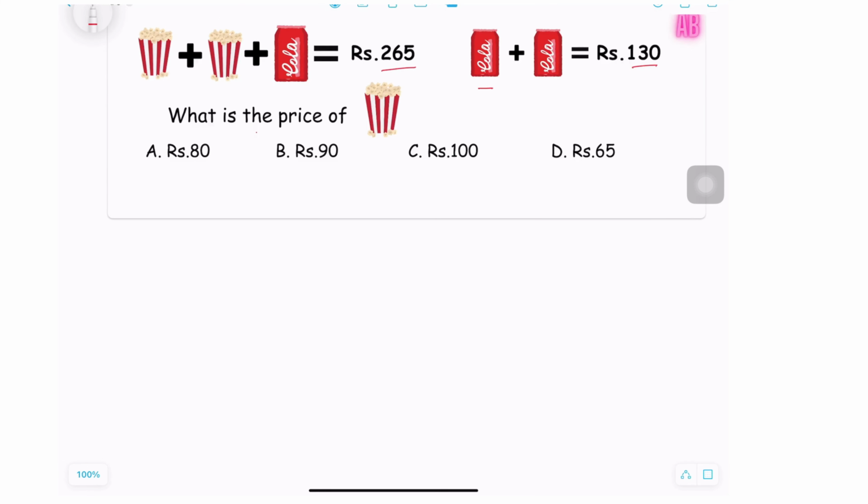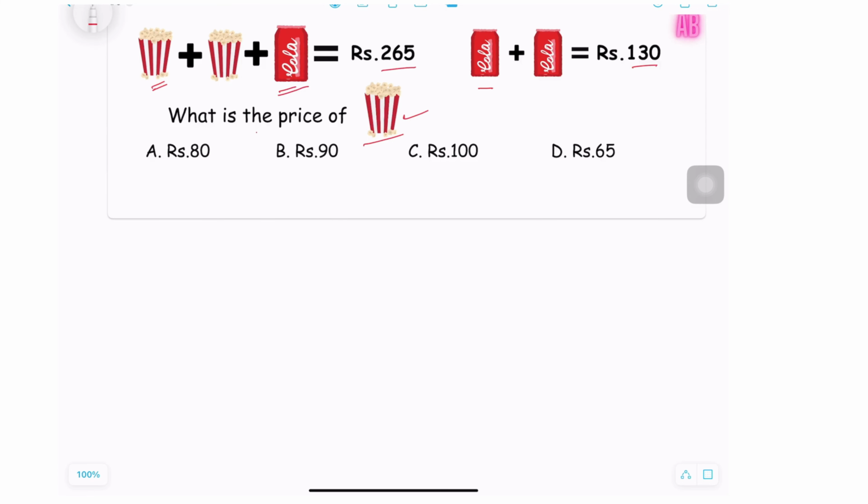So my approach would be that I will calculate the price of 1 can of cola and substitute it here. Then by substituting, I will get the price of 2 popcorn, and then I will divide it by 2 to get the price of 1 popcorn. Okay, so the question is asking what is the price of 1 box of popcorn.